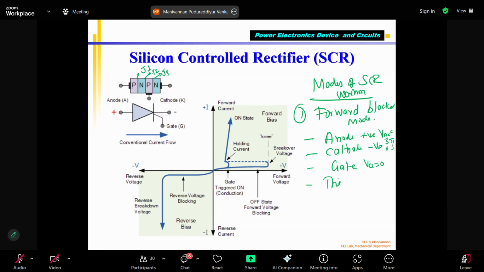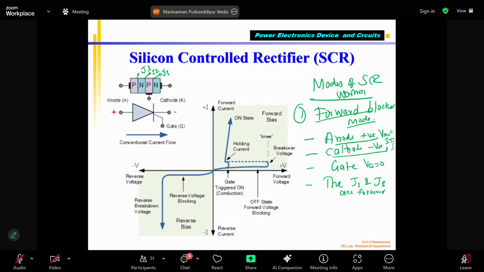The junctions J1 and J3 are forward biased. If you give anode positive voltage, 35 volts, cathode 0 volts, and gate VG is 0, then we say that the SCR is in forward blocked mode.